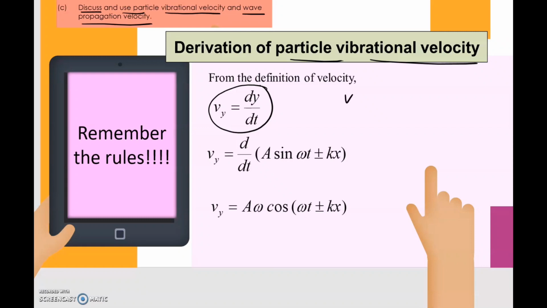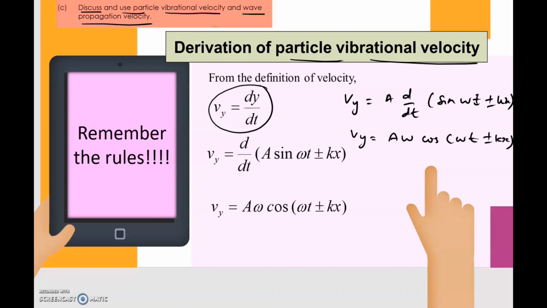So we have Vy equal to a d over dt of sin(omega t ± kx), so you have Vy equal to a omega cos(omega t ± kx). So this is the formula for particle vibrational velocity.